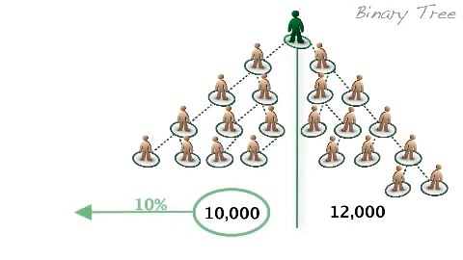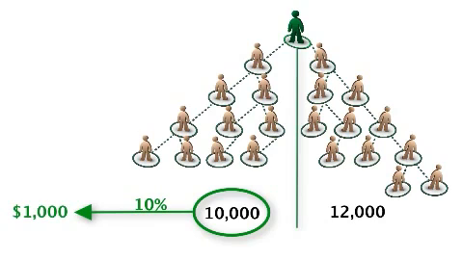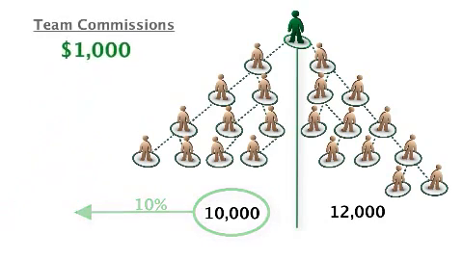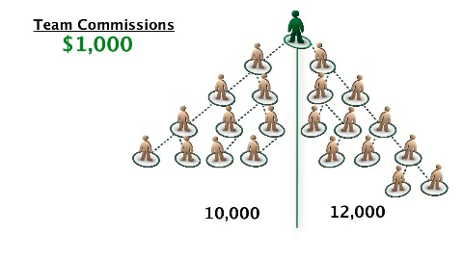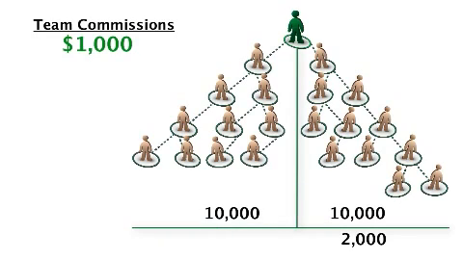We're going to pay you 10% of the lesser leg. In this case, 10,000 is the lesser leg volume, so we're going to pay you 10% of that, which would equal a check for $1,000.